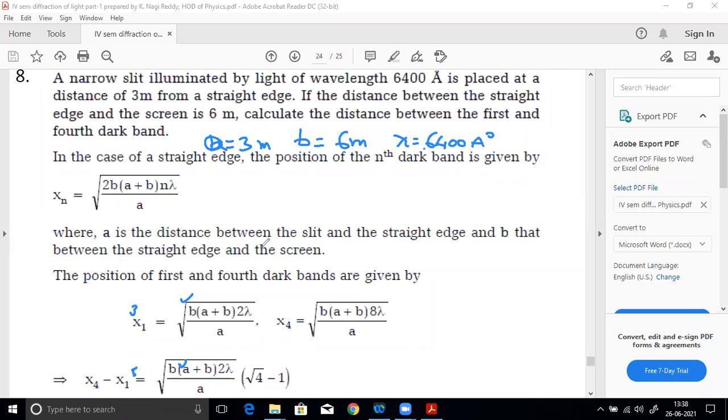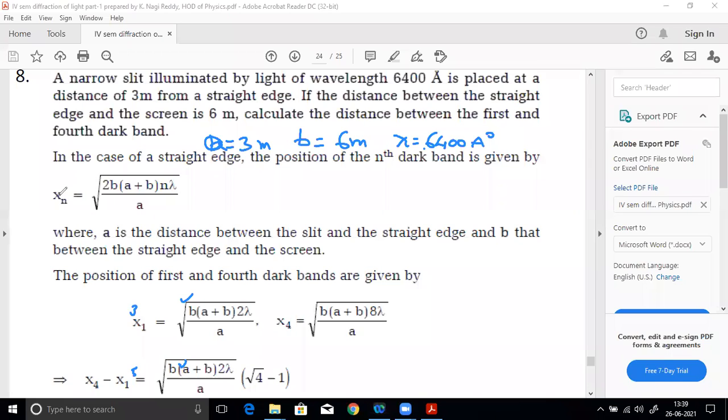Calculate the distance between the first and fourth dark band. Dark means minima. The condition for the position of the nth dark band is xn is equal to square root of 2b into (a plus b) n lambda by a.